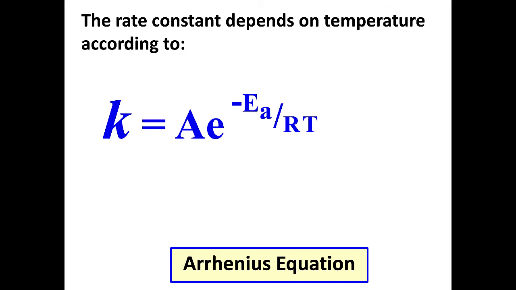And this is not a thing we're going to derive. This is just a known relationship that will be provided as an equation for you, but you're going to need to know what things mean and how to deal with it.